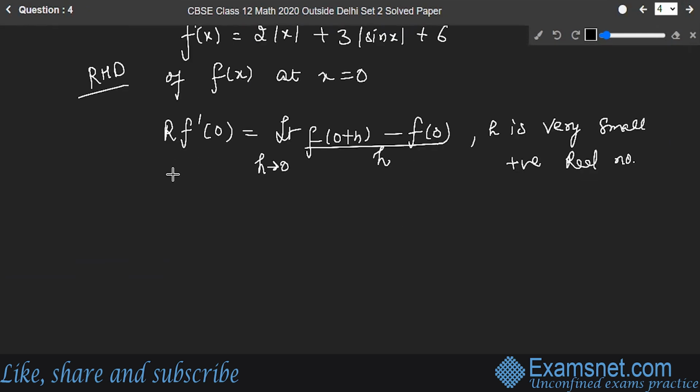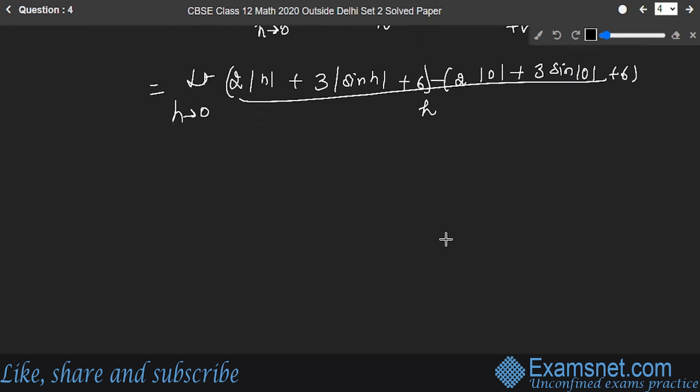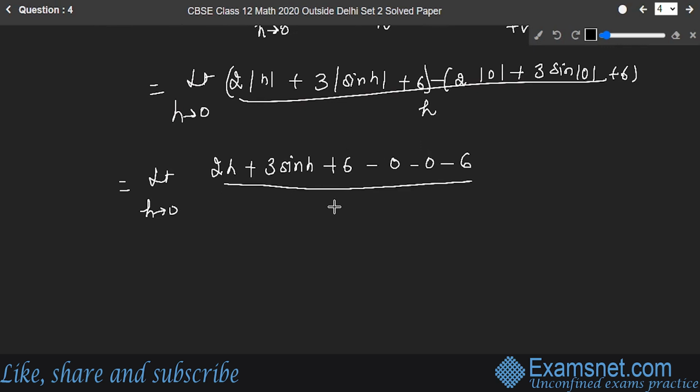Okay, so this is equal to limit h approaching 0, 2 mod of h plus 3 mod of sine h plus 6 minus 2 into mod of 0, 3 sine mod of 0 plus 6. This will also be in the brackets. This whole thing is divided by h. So this makes it limit h approaching 0, 2h plus 3 sine h plus 6 minus 0 minus 0 minus 6 whole divided by h.